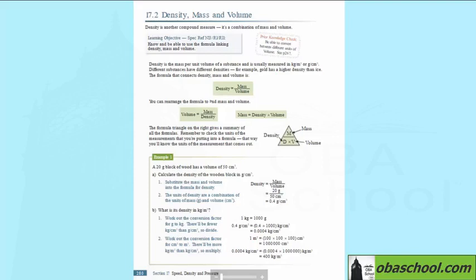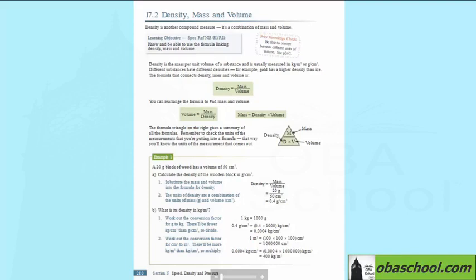Next, the volume is the measure of the occupied space, where the metric unit of volume is a cubic meter, or we sometimes say meter cubed. The relation between mass and volume is the density, where density is mass in a unit of volume.